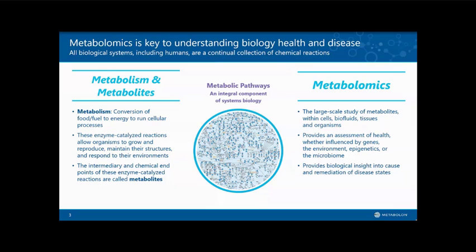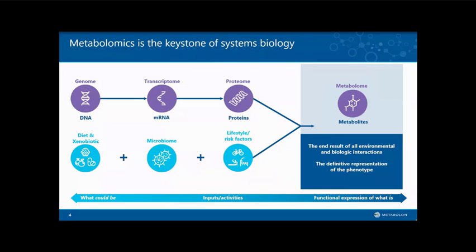Metabolomics represents the quantitative assessment of changes in these biochemicals to understand how they influence biological systems. And metabolomics is really the keystone of systems biology, in that it integrates both genetic and non-genetic influences to provide a definitive representation of a phenotype.